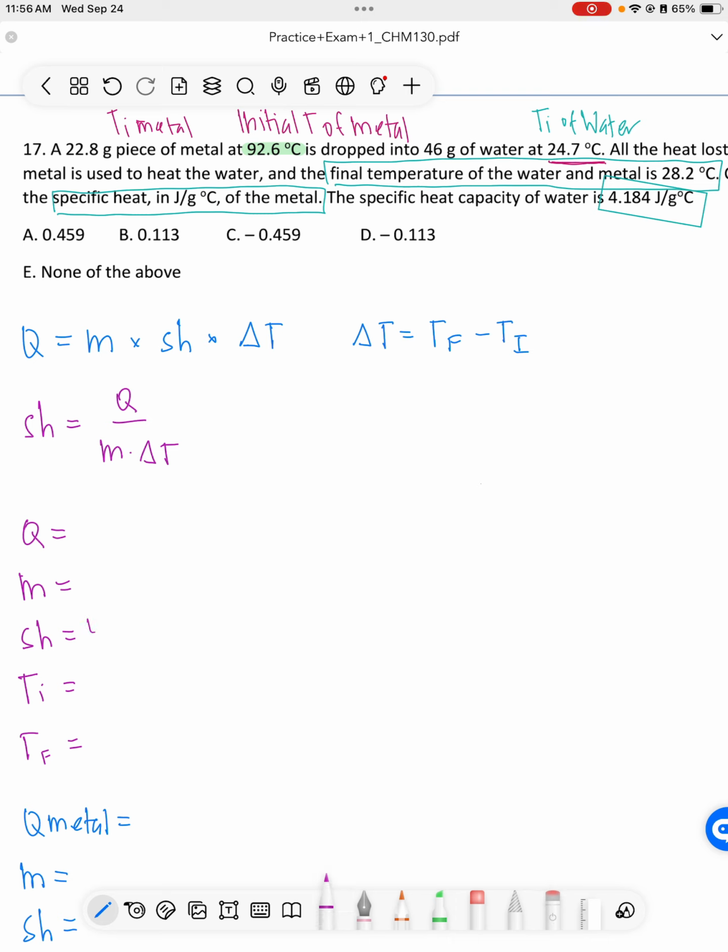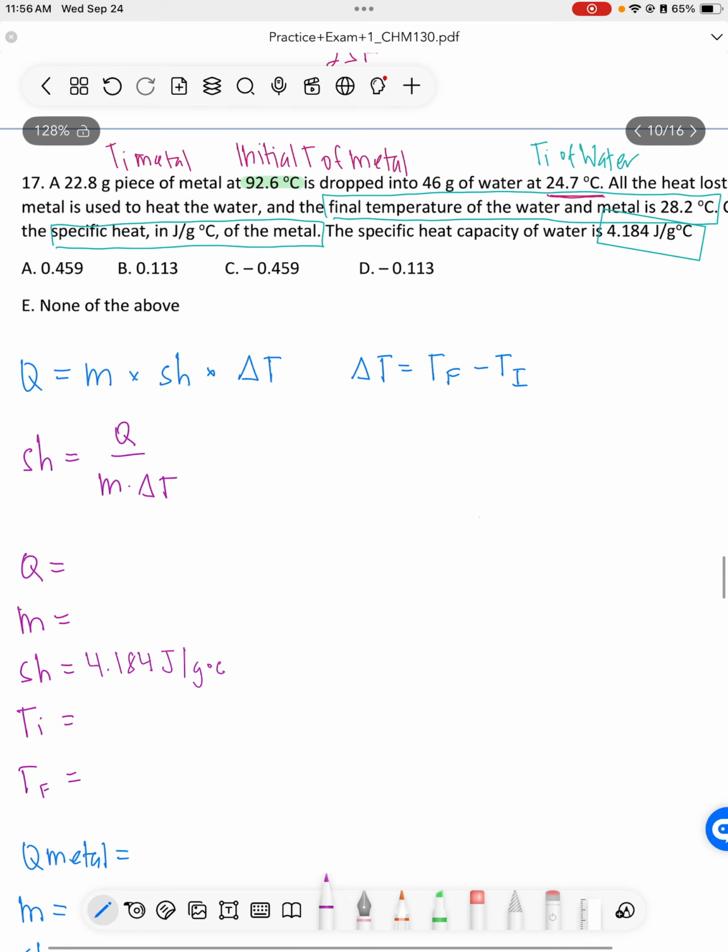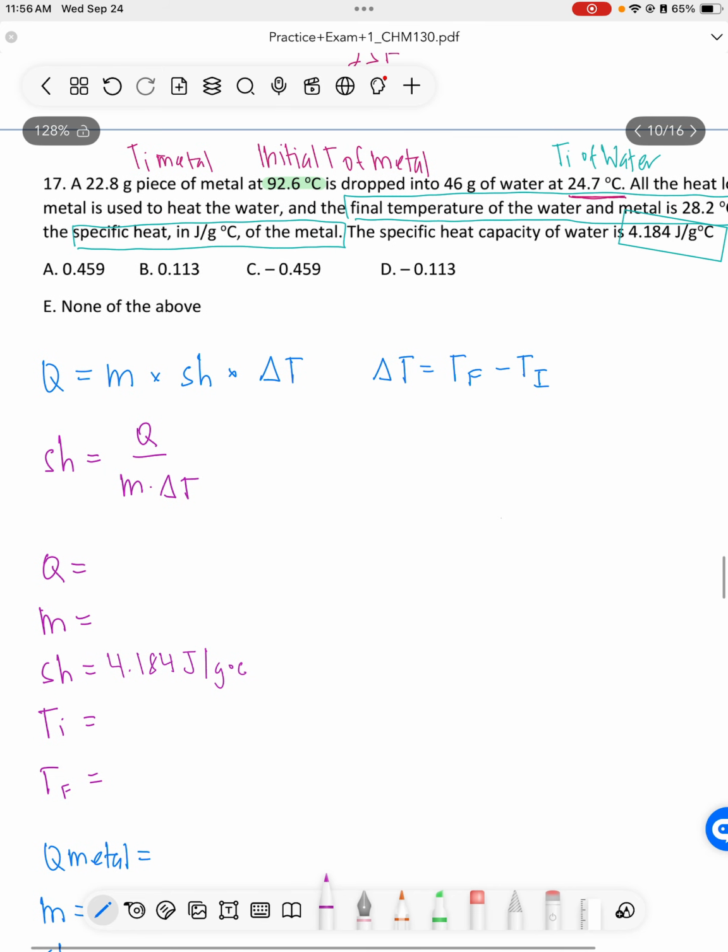And that's 4.184 joules per gram degrees Celsius. Sweet. I don't know anything about joules. So this Q right here is in joules, and we have nothing in the problem telling us how much energy was made or lost, so we don't know that right now.